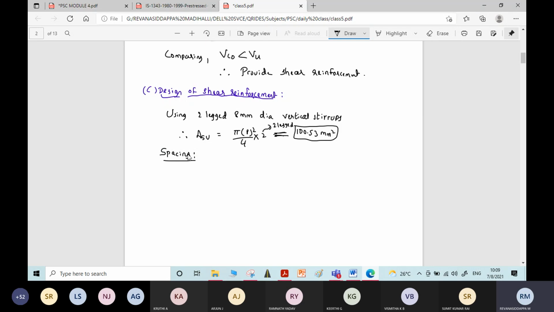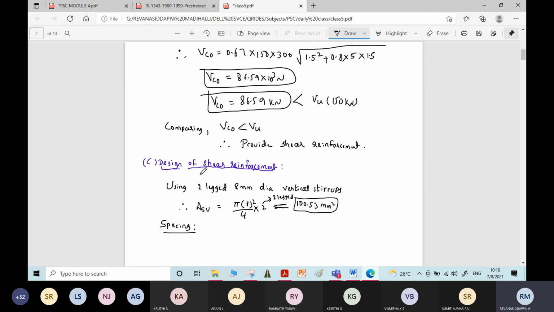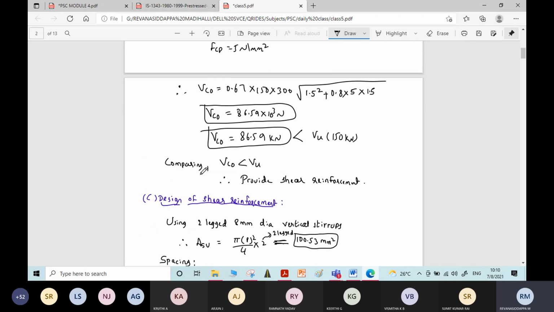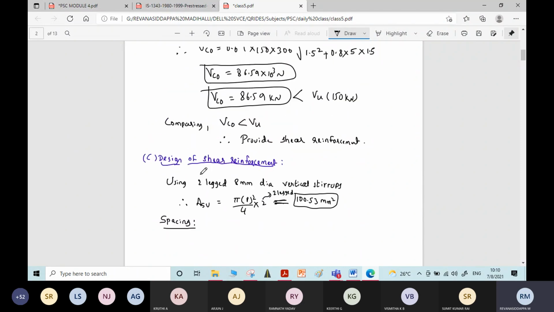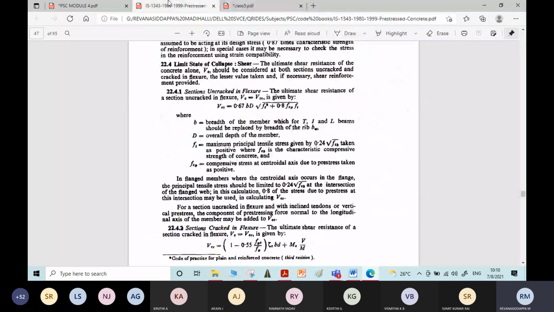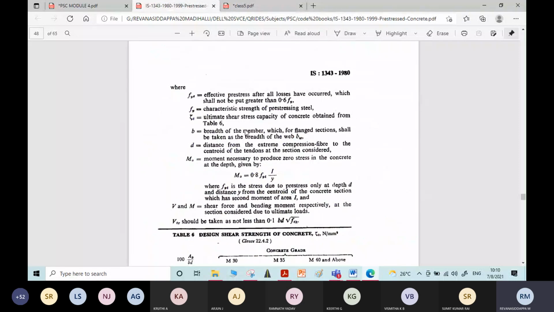Now for spacing, you need to calculate spacing in 4 different ways. Whatever the minimum spacing out of all the calculations, that spacing you need to choose as spacing of the stirrups. Those 4 calculations are there in the codebook itself.